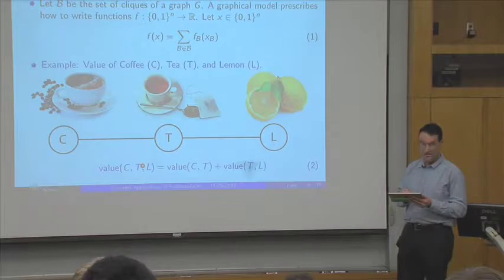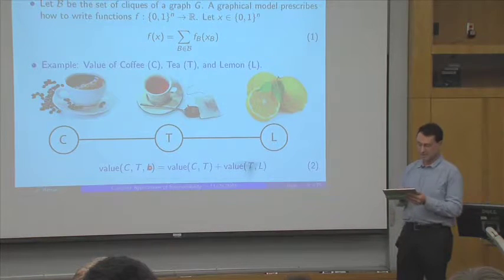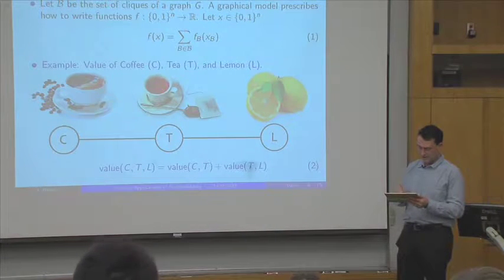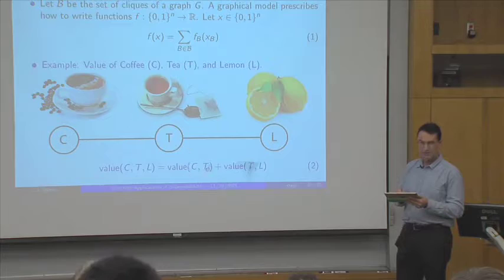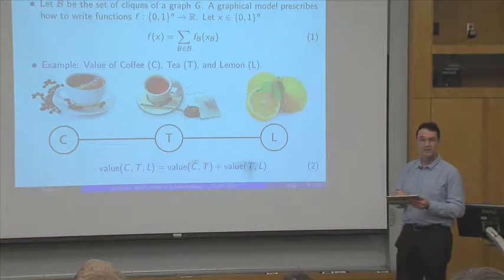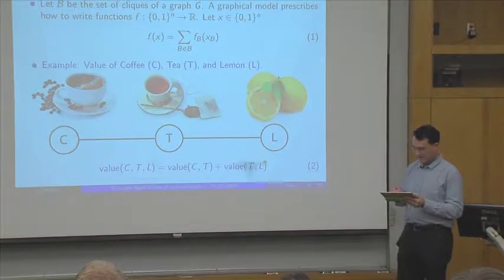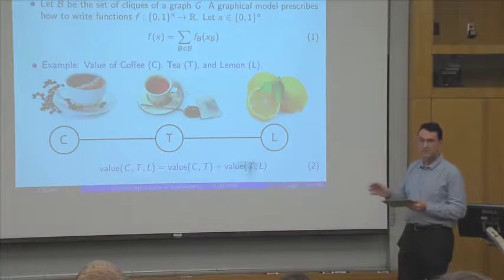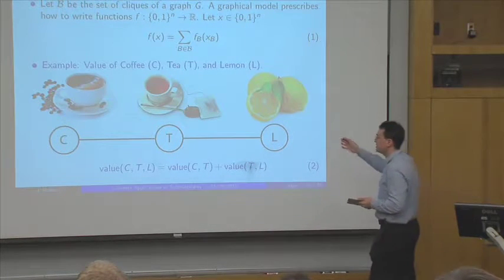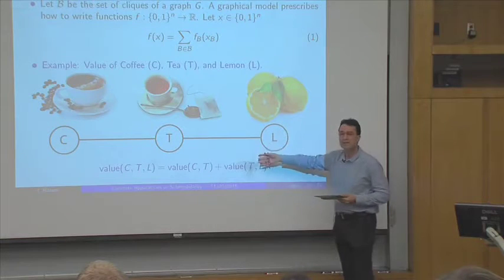The idea is that C, T, and L might be binary variables, and you care about the value of the presence or absence of these three items. The graphical model says that you are allowed, at most, to represent this as a sum of two terms. The first term gives you the value of coffee and tea, or some combination of coffee and tea. And the second term gives you some value of tea and lemon together.